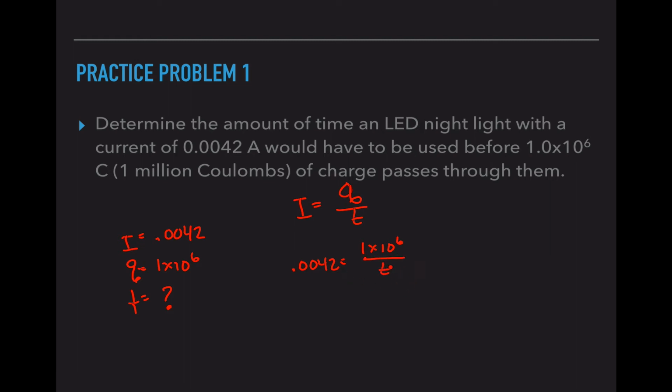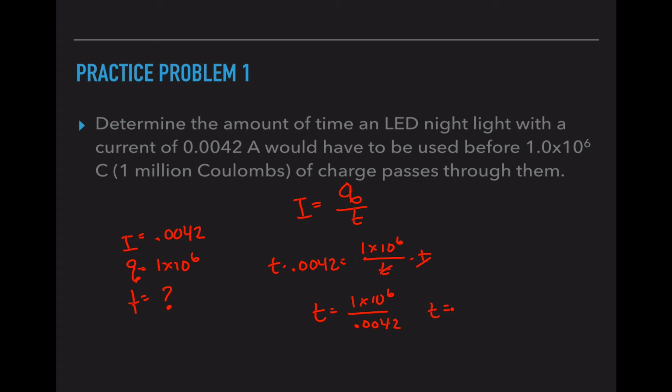Now math law states I have to get this T out of the bottom of the fraction bar. I can multiply both sides by T, and then I would divide this side by the 0.0042. In actuality, I just switched places of the T and the 0.0042.